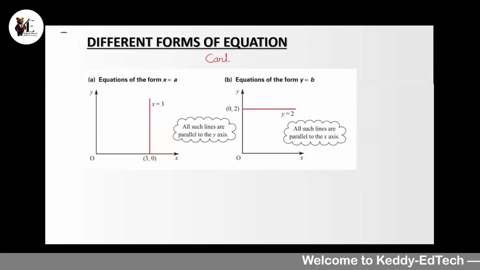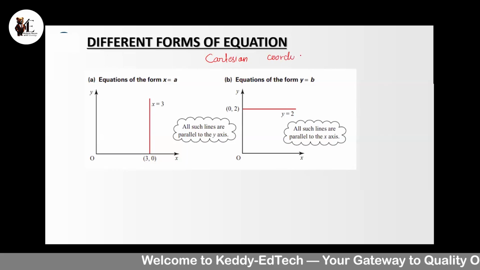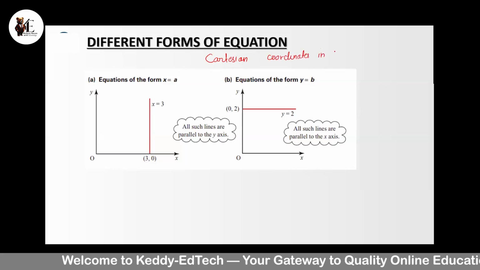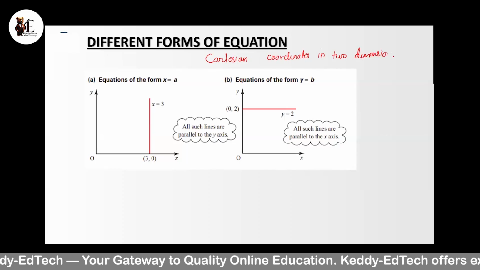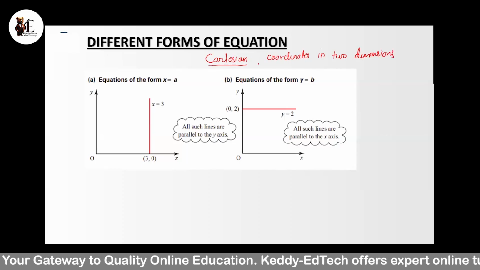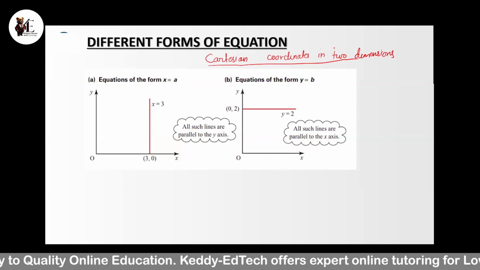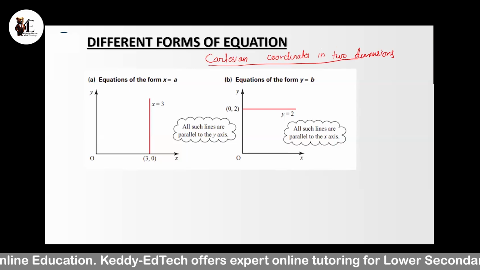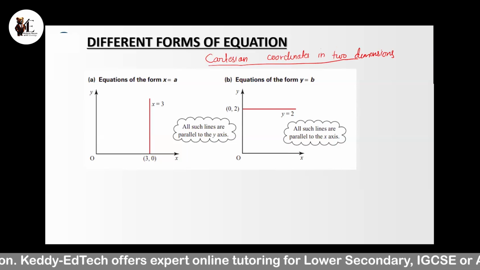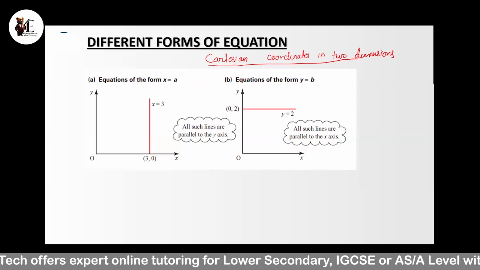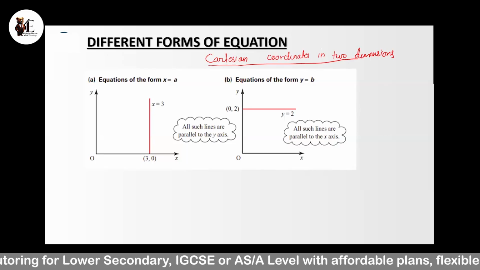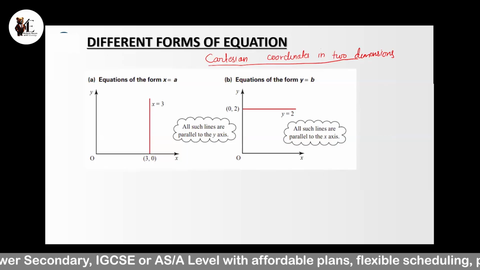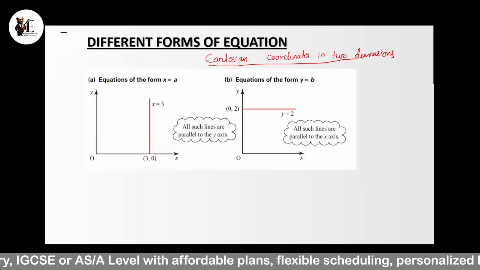You have written this, Cartesian coordinates in 2 dimensions. Oh no, the one that I sent last are the topics that we did not do yet. And the first ones were those topics which you have already covered, right? Yes.